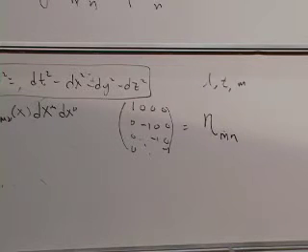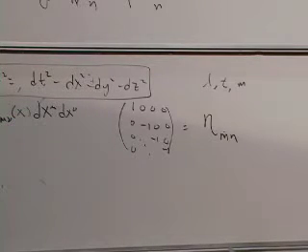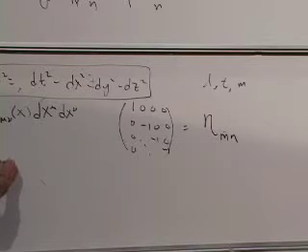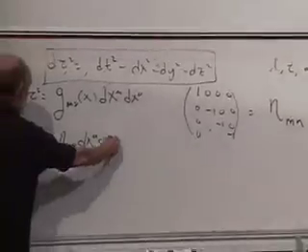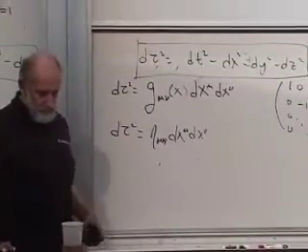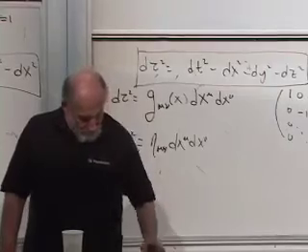So eta is the metric of space-time in Minkowski coordinates. And so we could write in Minkowski-type coordinates, the analog of Cartesian coordinates, d tau squared is equal to eta mu nu dx mu dx nu. Okay, that's space-time in a nutshell.